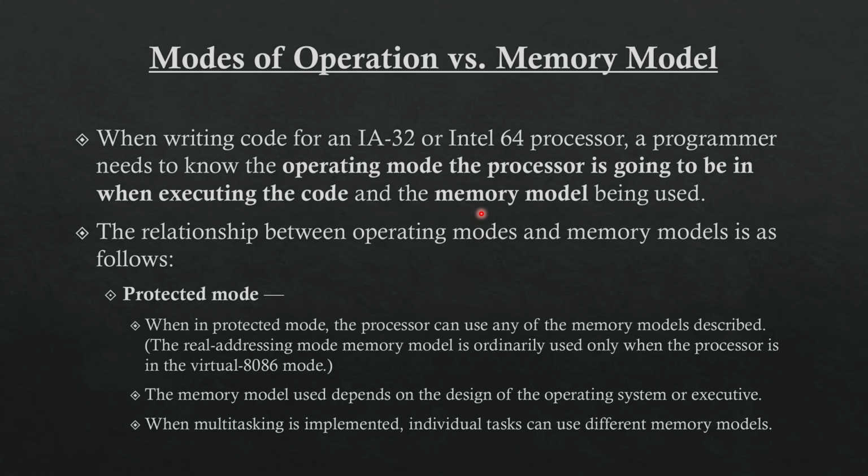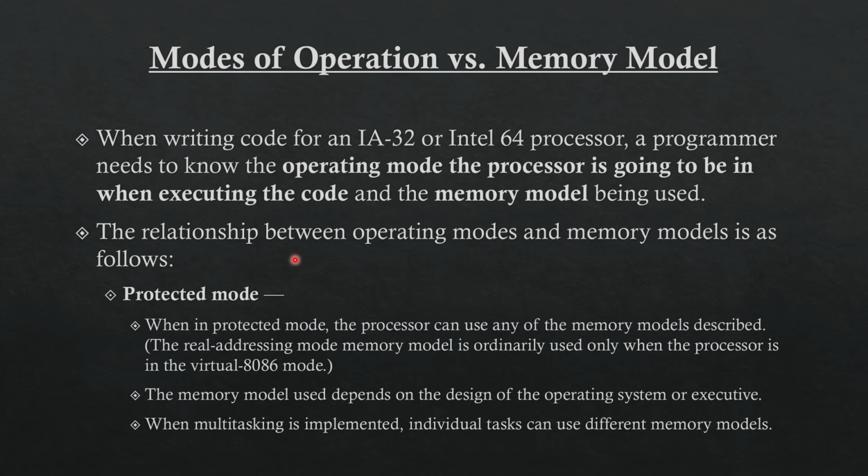So, modes of operation versus the memory model. Whenever we write code for an IA-32 or Intel 64 processor, the programmer, the one who writes the code, needs to know which operating mode the processor is going to be in when executing the code and which memory model is being used.